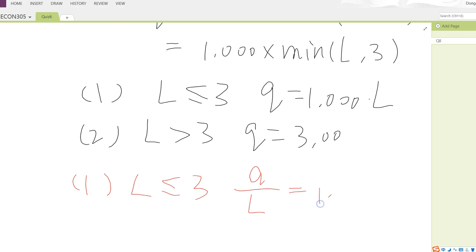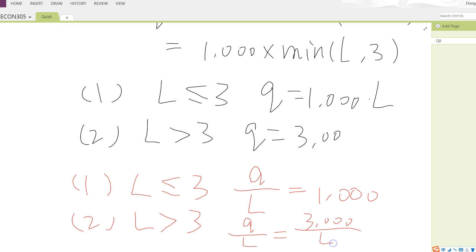That becomes a fixed amount, 1000. And the second scenario is when L is greater than 3, hence Q divided by L, that's our AP, that equals 3000 divided by L.